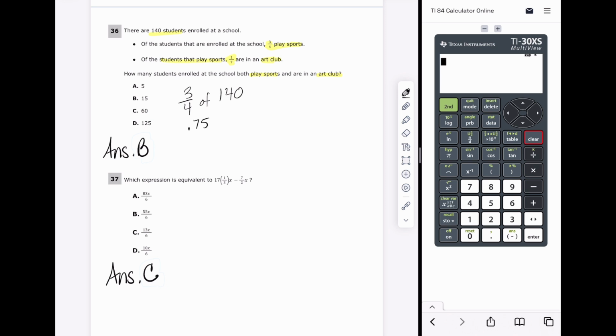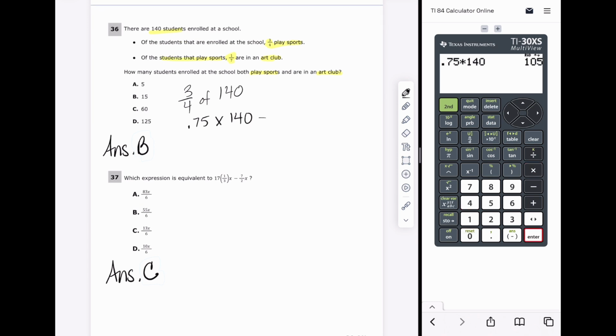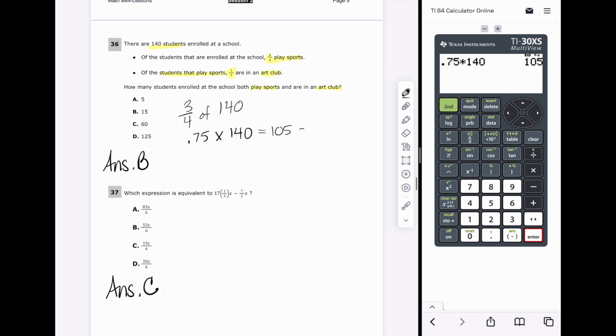So instead of saying 3/4 of a number and multiplying by 140, I'm going to put 0.75 times 140. It really doesn't matter. You can use either one. So far this is 105. So 105 kids play sports.